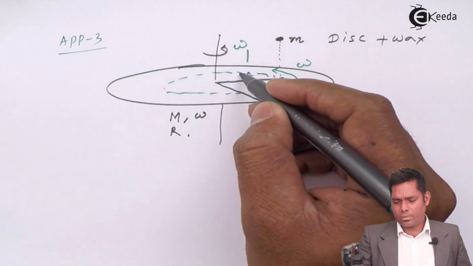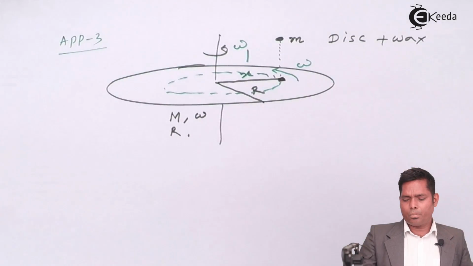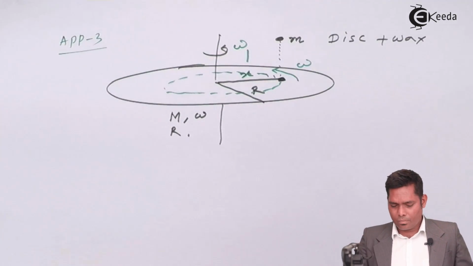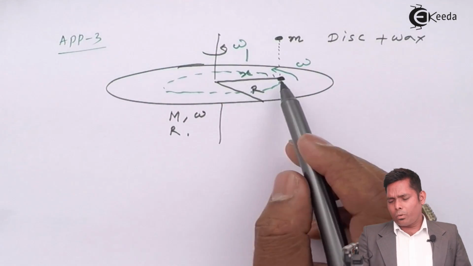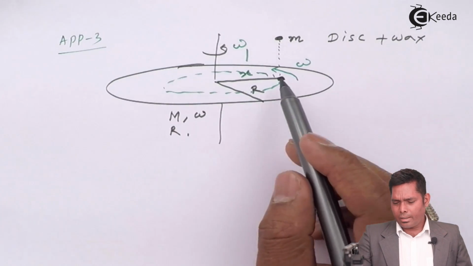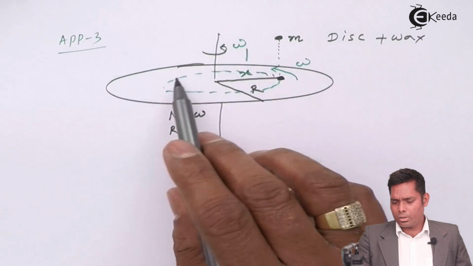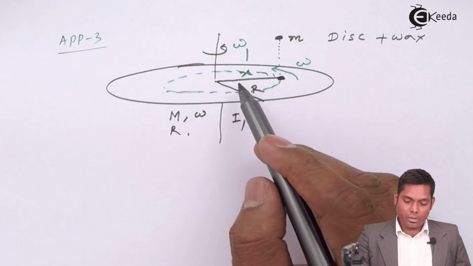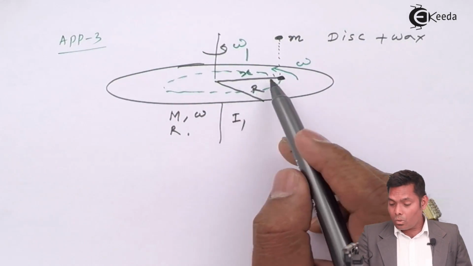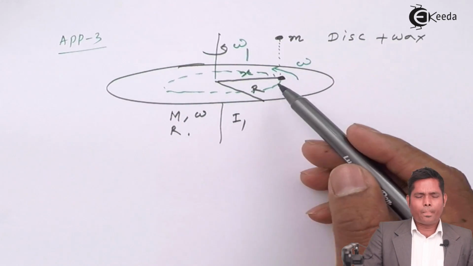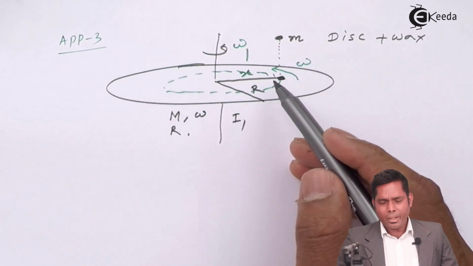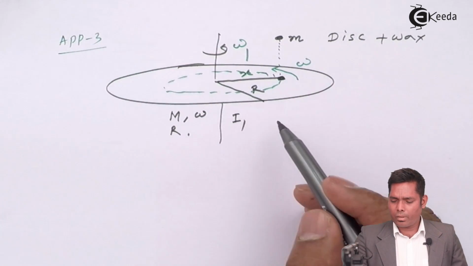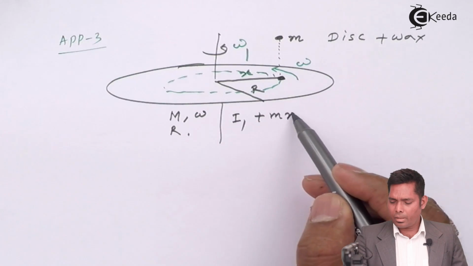Suppose this distance is x from here to the point where the wax stops. Now the moment of inertia due to this disk is suppose I1, and along with this we have the moment of inertia of this small wax, which is mx square.